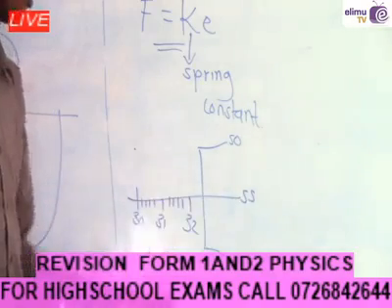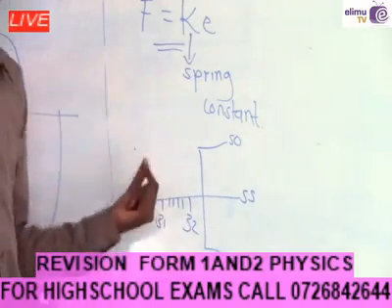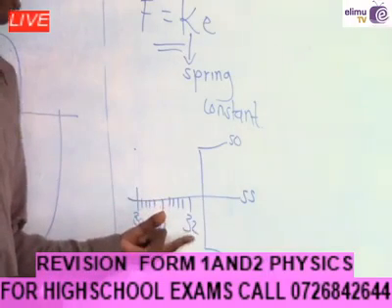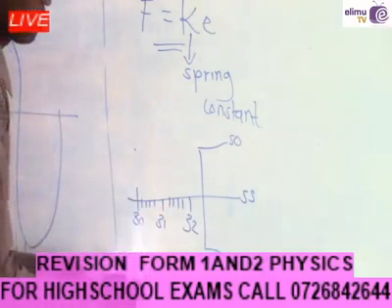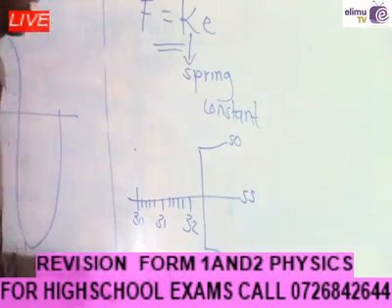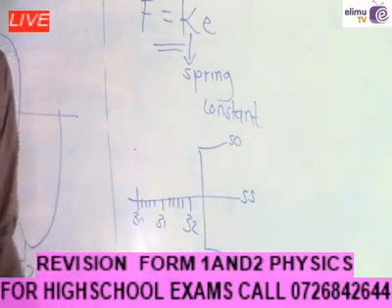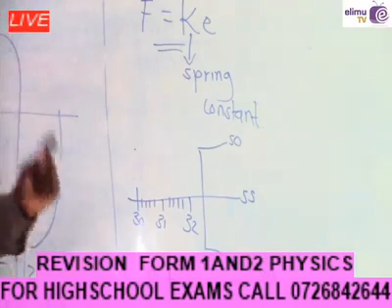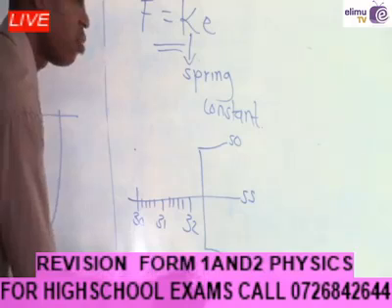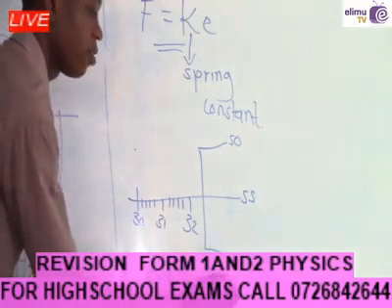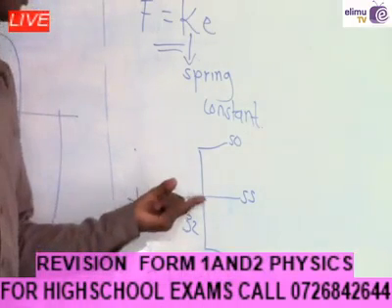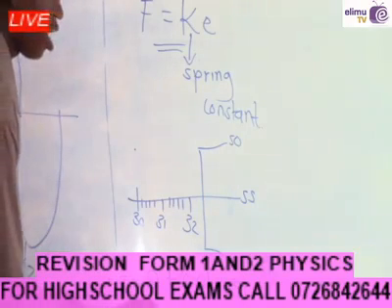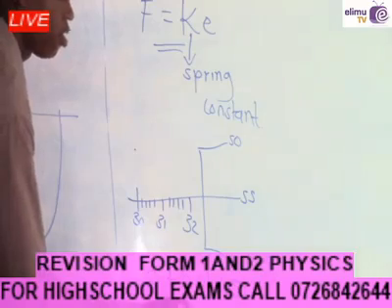To take a measurement on a micrometer screw gauge, simply take the value on the main scale, which is 32 here, plus the value on the thimble scale. The value on the thimble scale is multiplied by what we call the least count. The least count at this point is 0.01 multiplied by 55, which can be directly read from the scale. So here we shall have our value as 32.55.